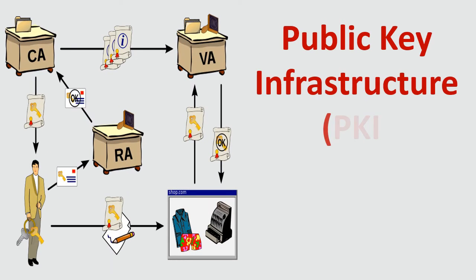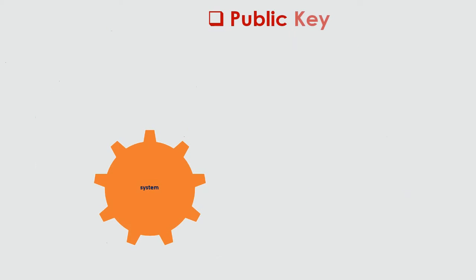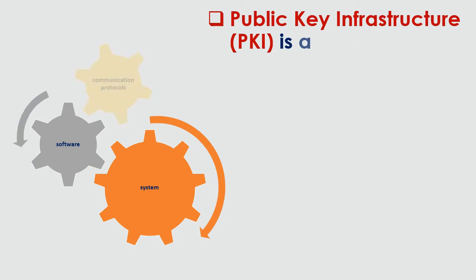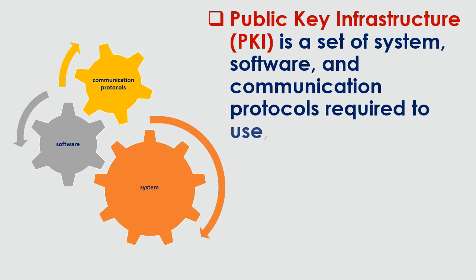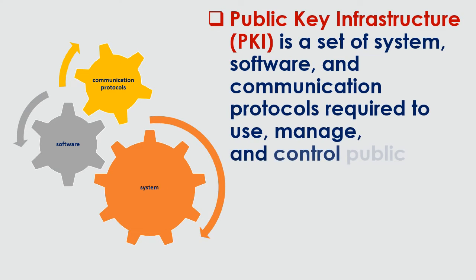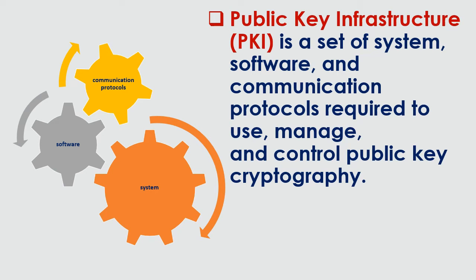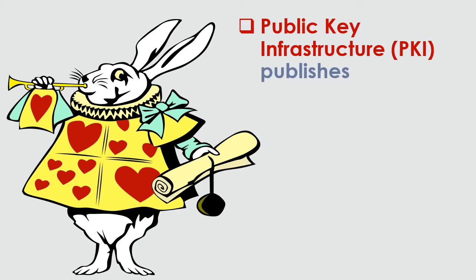Public Key Infrastructure, PKI. Public Key Infrastructure, PKI, is a set of systems, software, and communication protocols required to use, manage, and control public key cryptography. PKI publishes digital certificates.